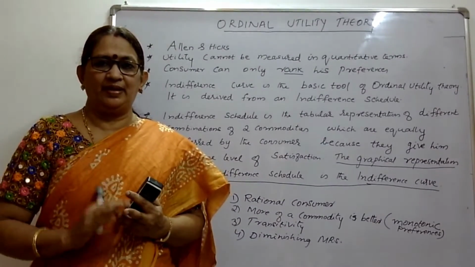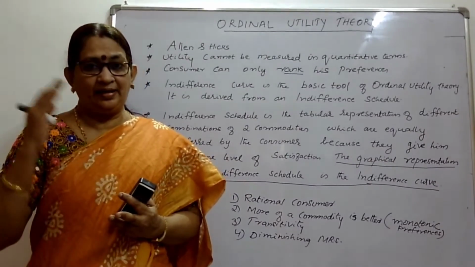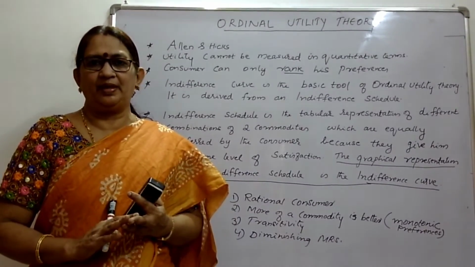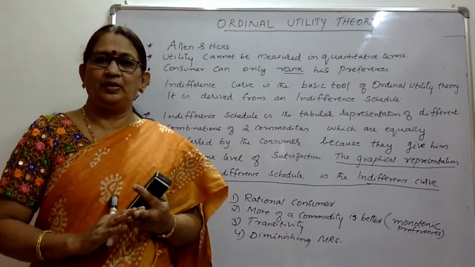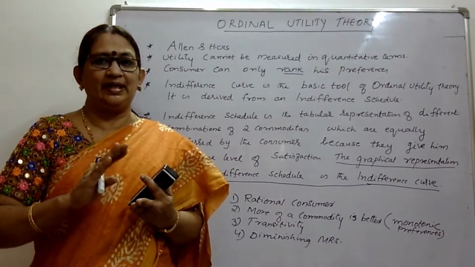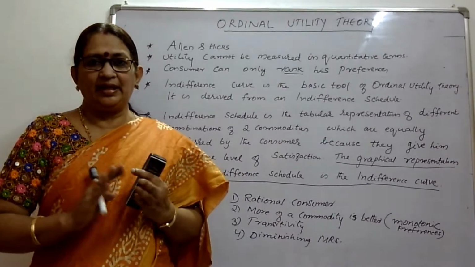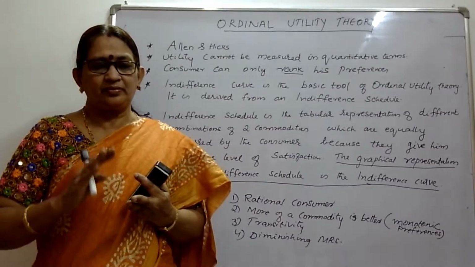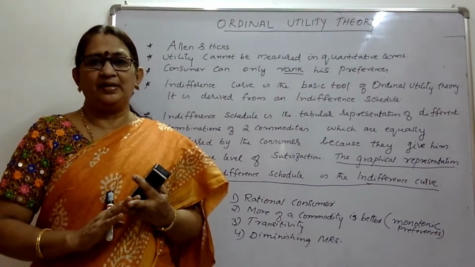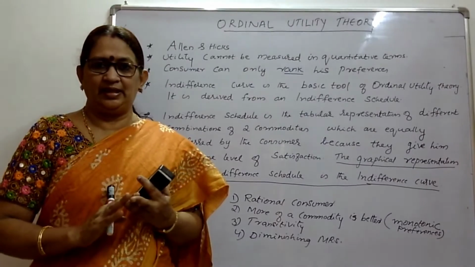If 2 bundles are given, 3 units of apple and 10 units of orange, or 3 units of apple and 8 units of orange, he will prefer the 3-10 combination, because it contains more of one good and not less of the other. This preference is called monotonic preferences. That is one assumption. We will see in detail one by one.